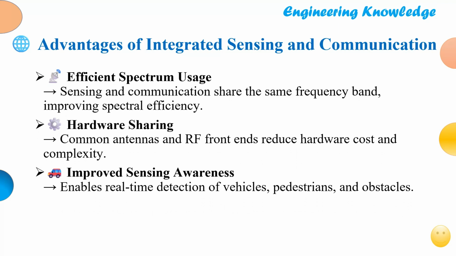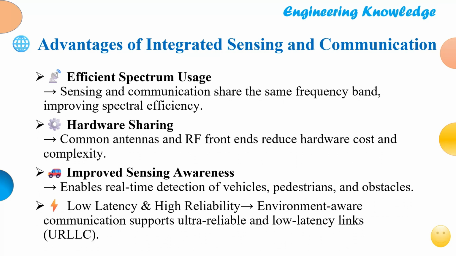So if you can sense the multipath fading environment of the communication channel, you will be aware of how dynamically the channel is changing because of movement of users, vehicles, and large buildings.